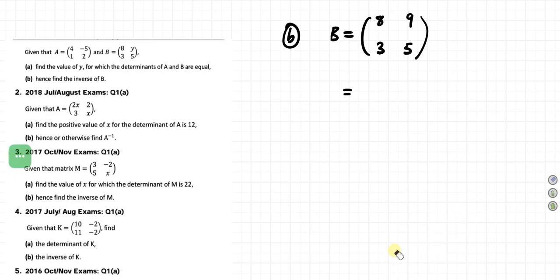Now what they want is the inverse, so you need to know how to find the inverse. I'll give you the formula which you need to know.